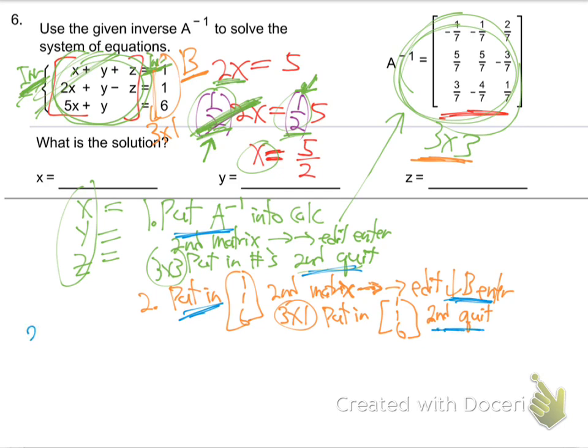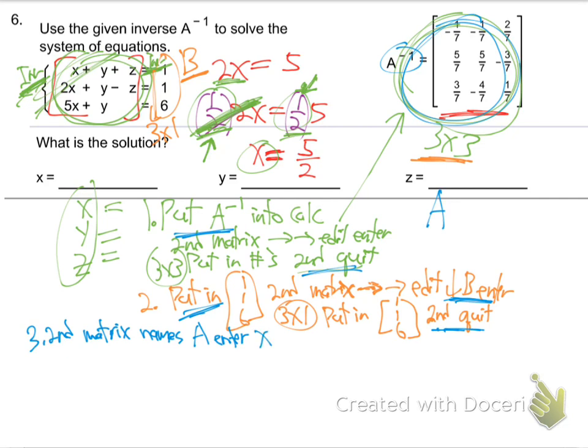And now step 3, go second matrix, names, matrix A, which is really A inverse, but we're just calling it A. It's just a name. You can call it Joe. We just took these numbers and put them in the slot called A and hit enter, and it'll put A on the main screen.